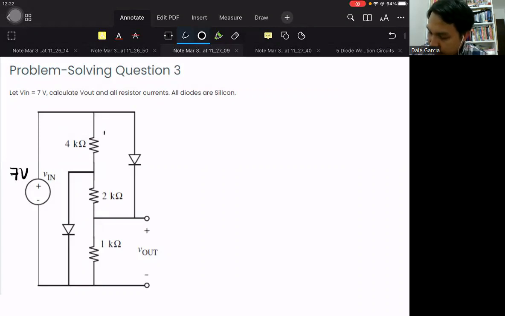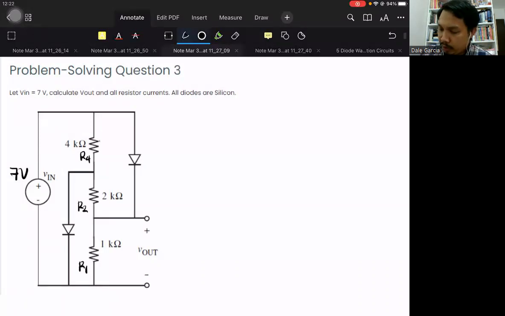So let's assign labels. We could assign the resistors as R1, R2, R3, or better yet, to avoid confusion, assign them as R4, R2, R1 in accordance with their values.